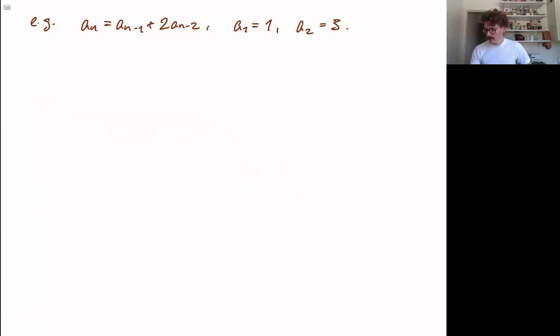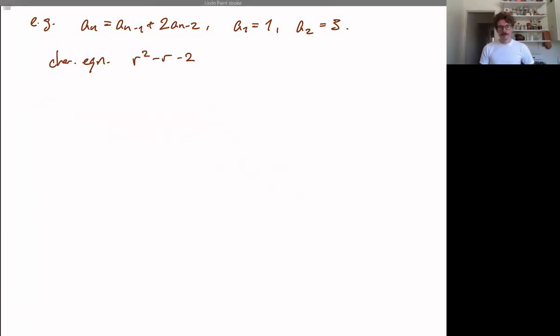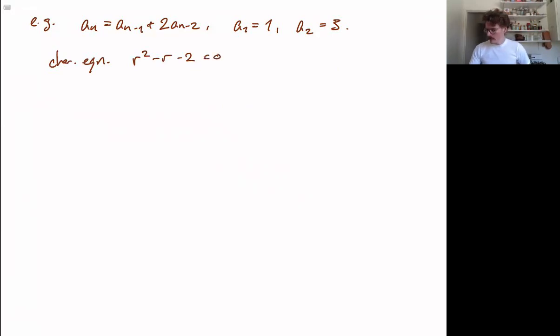So in this case, what is the characteristic equation? It is r squared minus r minus 2 equals 0, and the roots of this, well, I guess we could use the quadratic formula, or we could observe, if you can factor things by hand, that is always a fine idea.